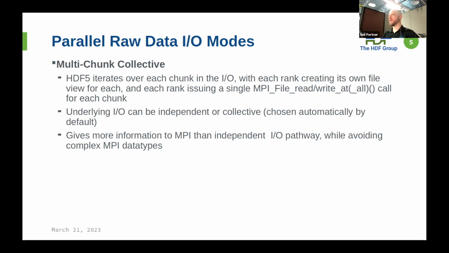So in this case, the multi-chunk algorithm will construct an MPI data type and issue one MPI file read or write call, or at all call, for each chunk.